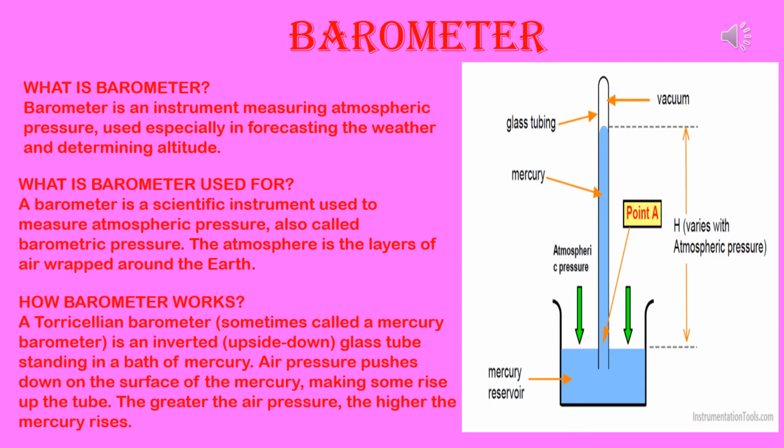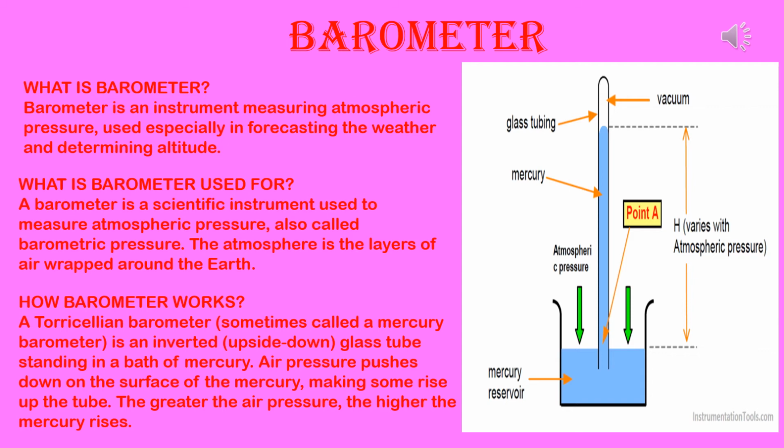How does a barometer work? A Torricellian barometer, sometimes called a mercury barometer, is an inverted, upside-down glass tube standing in a bath of mercury. Air pressure pushes down on the surface of the mercury, making some rise up the tube. The greater the air pressure, the higher the mercury rises.